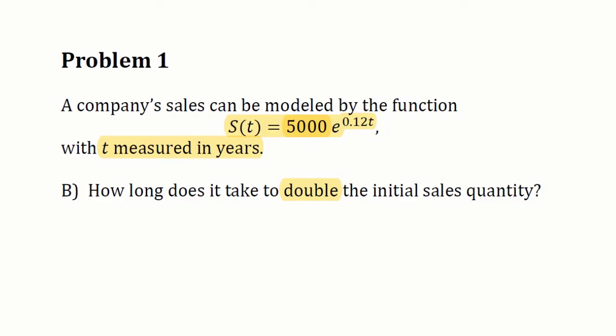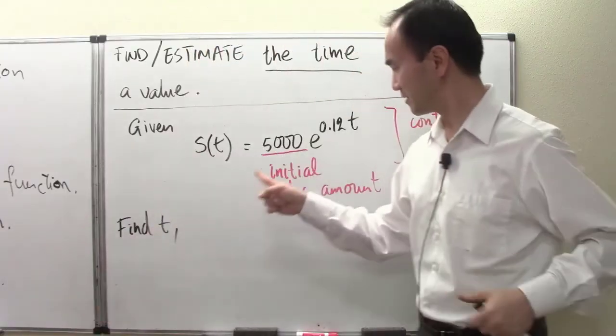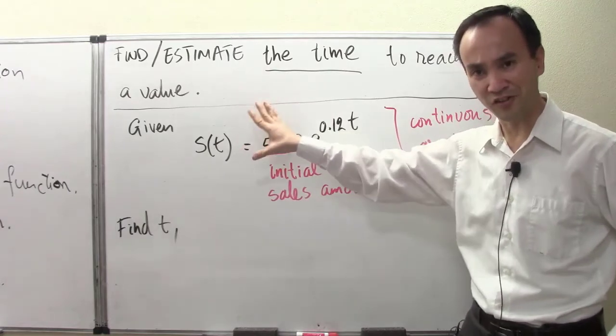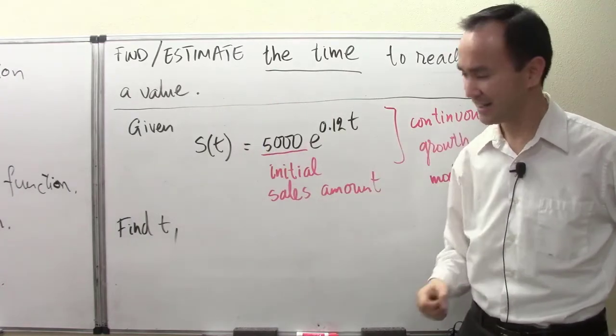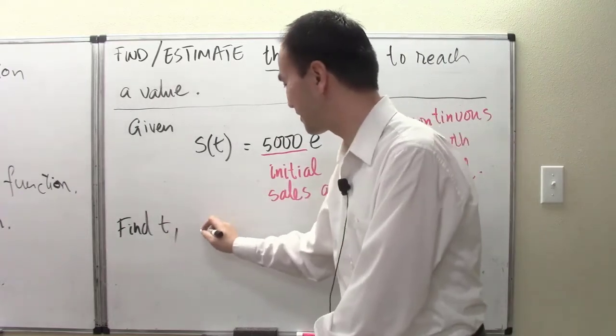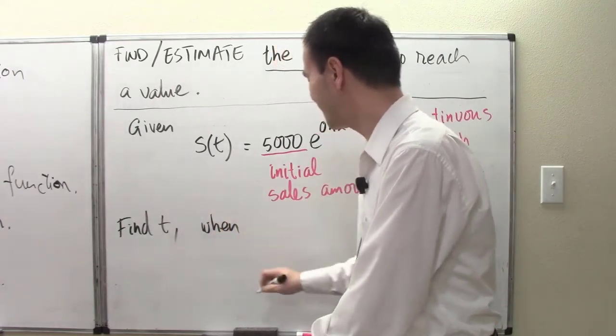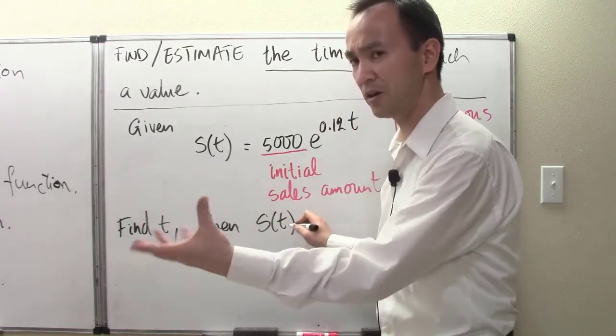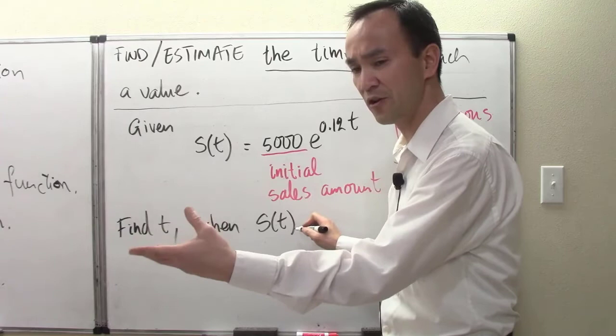Now being able to identify the initial sales quantity right from our function is a huge plus. Another way of saying it: find t when S of t, the sales quantity, is double the initial sales quantity.